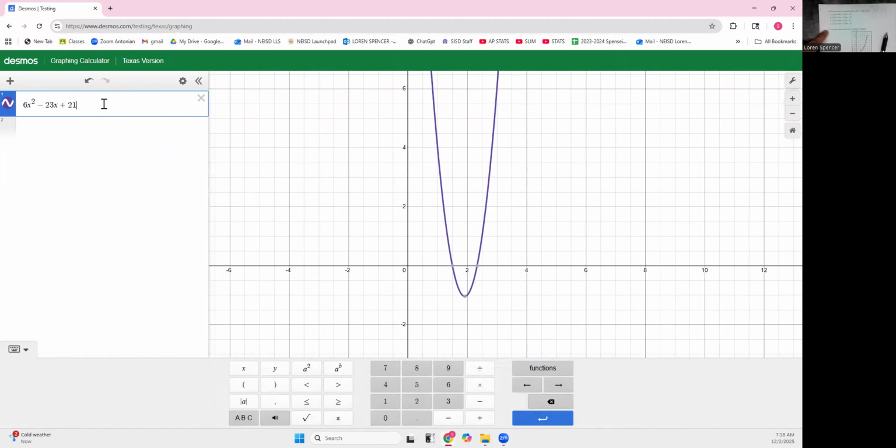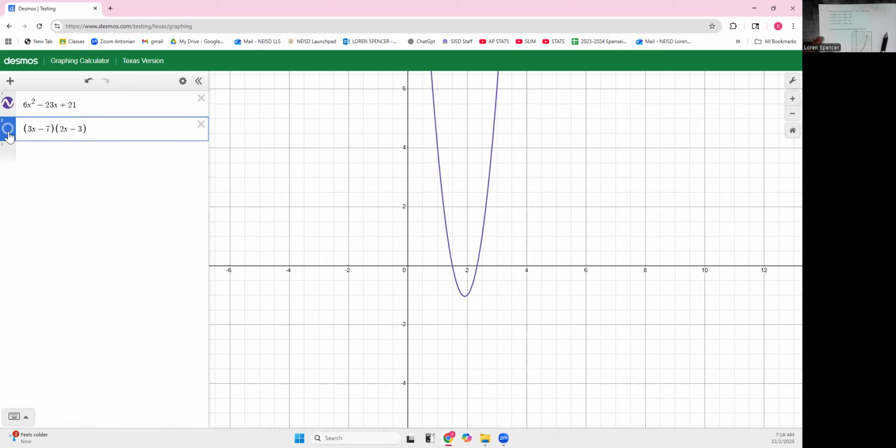And we'll start off with A. And it asks for, make sure you always use parentheses, 3x minus 7, and then 2x minus 3. And it turns out this black one is going to lay directly on top of the purple one, so our answer choice must be A.